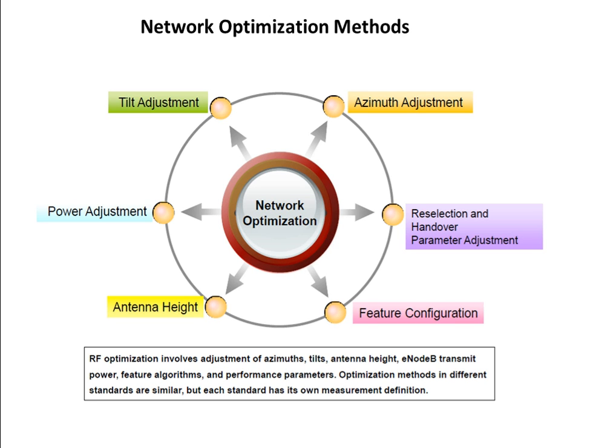So what methods are available for optimization? There are various strategies where we can make changes in the network which can help us give optimum performance. You can try to adjust the tilts, the azimuth, handover related parameters, some of the features, the antenna heights, or the power.